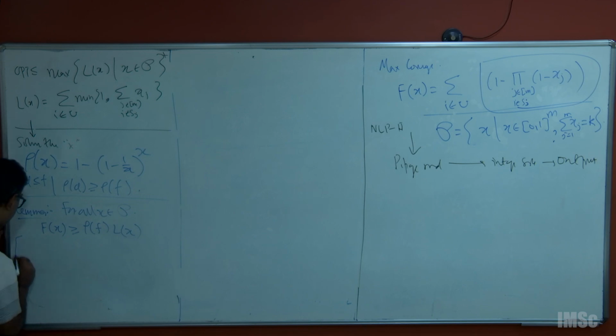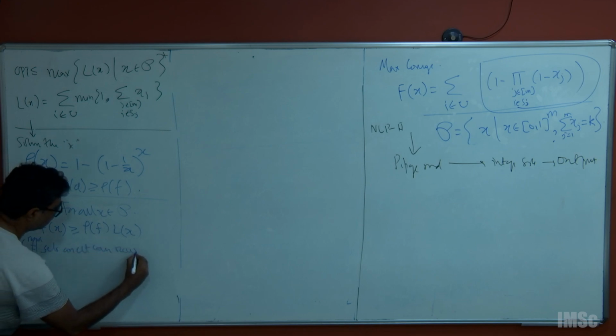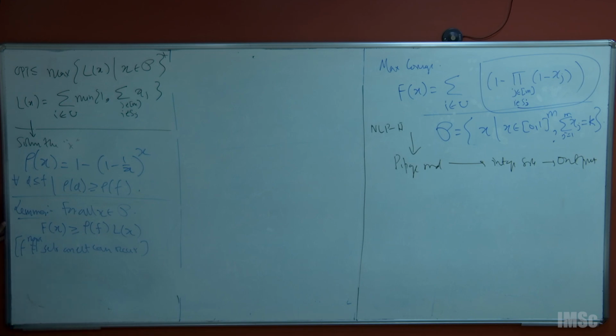And what was f? The maximum number of sets an element can occur in. Is that right? So this is what we started with, right? So this is what I want to show. Is that fine? This is my goal. All good?